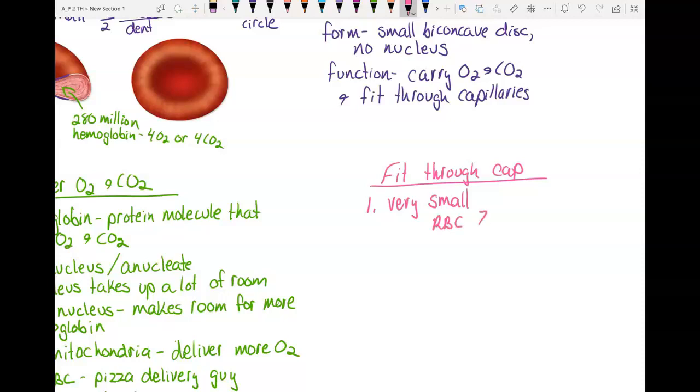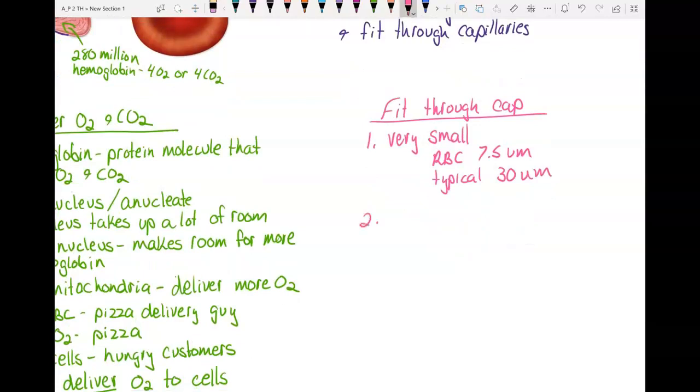Red blood cells are 7.5 micrometers. To give you a comparison, a typical cell in your body is about 30 micrometers. So they're much smaller. They're one of the smallest cells you have. This obviously helps them fit through small, narrow capillaries. That biconcave disc, again, is an important feature.